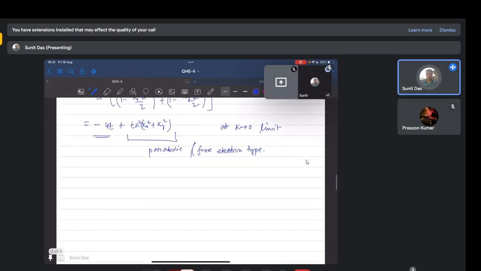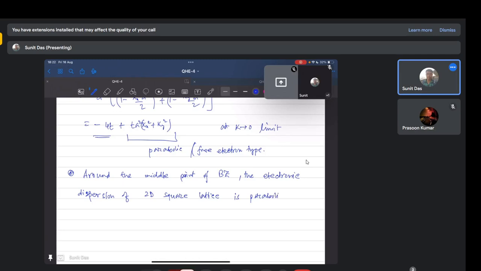So what this signifies is that around the middle point of the Brillouin zone, I am writing BZ in short for Brillouin zone, the electronic dispersion of the 2D square lattice is parabolic.